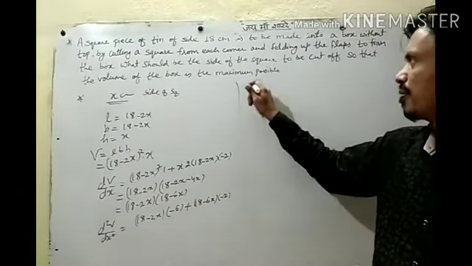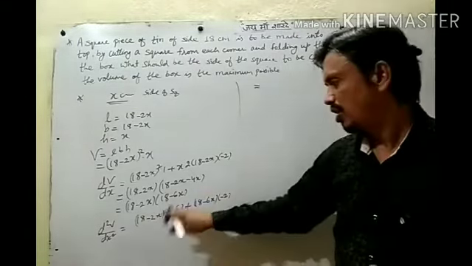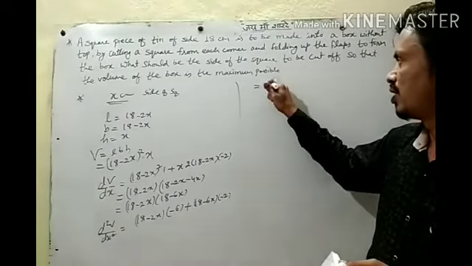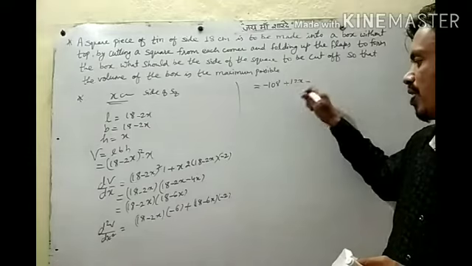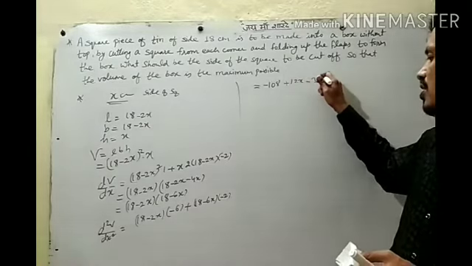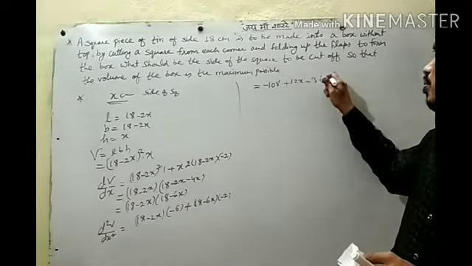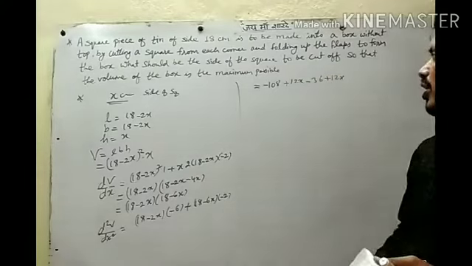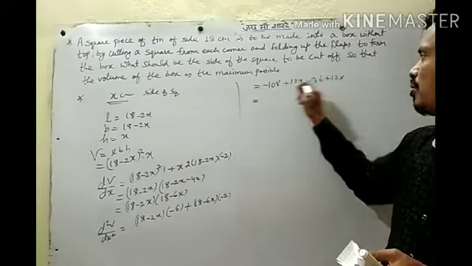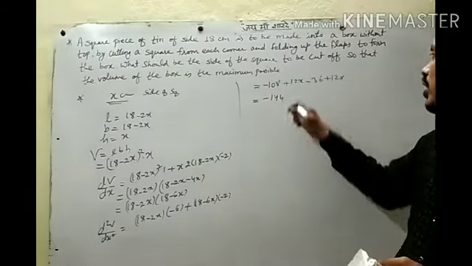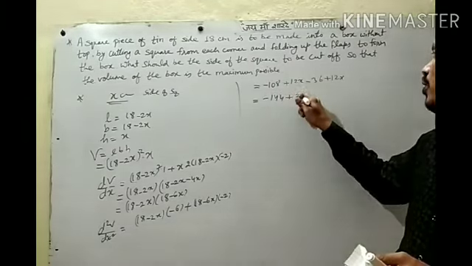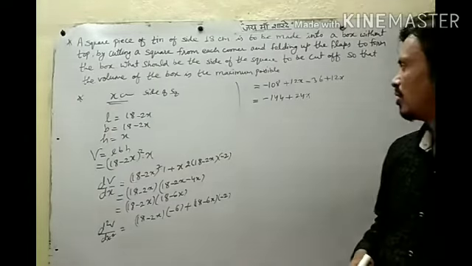So we get 18 into minus 6, minus 108 plus 12x, minus 36 plus 12x. So minus 108 minus 36 is minus 144 plus 24x. This is our second derivative.